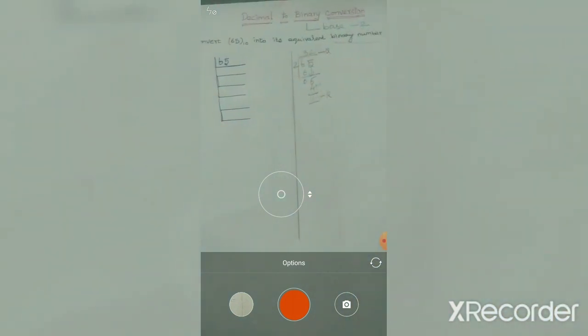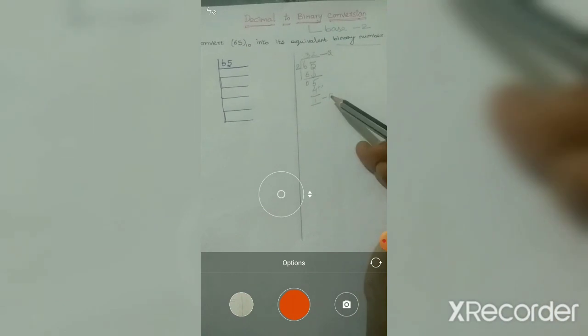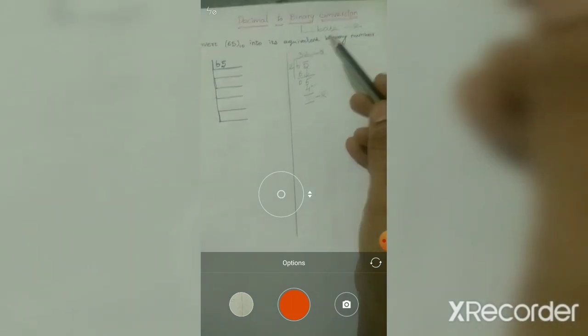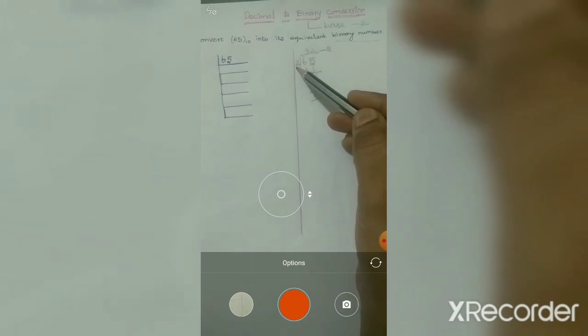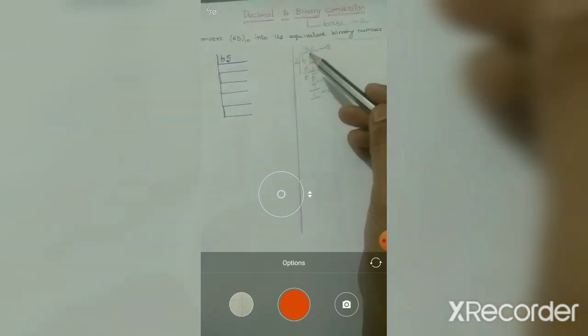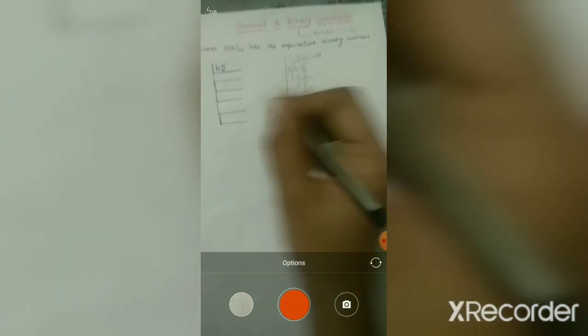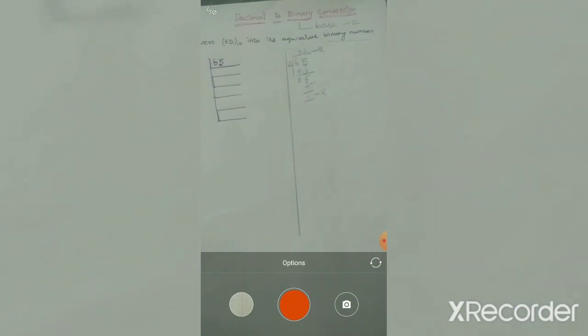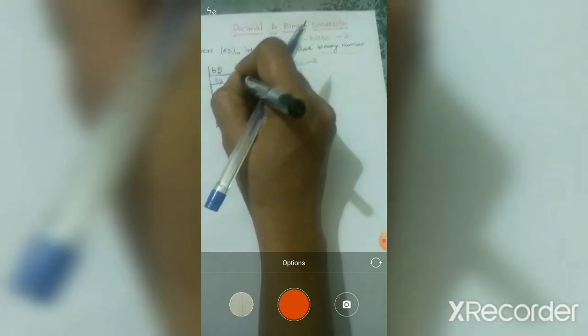Now we get the quotient and remainder. Again, this quotient is divided by 2, until you get the quotient 1. Quotient is 32, its remainder is 1.